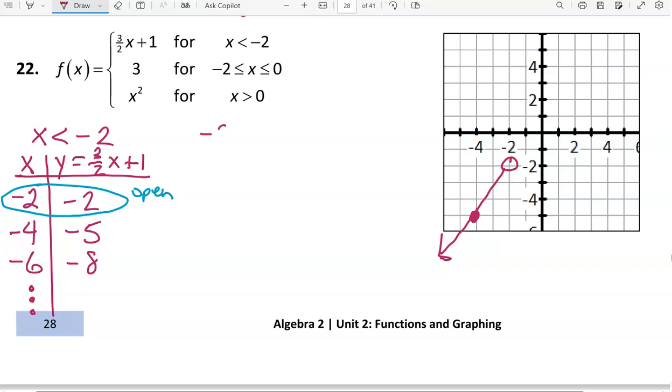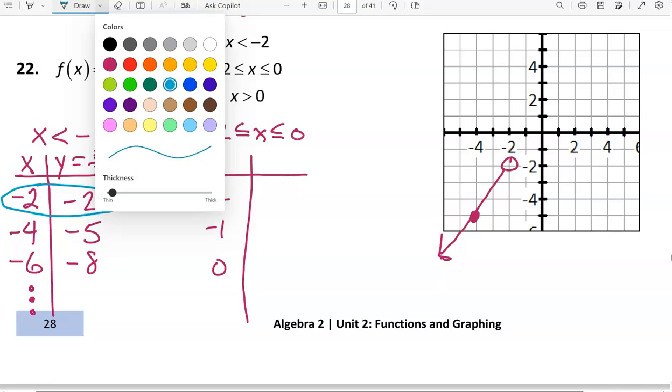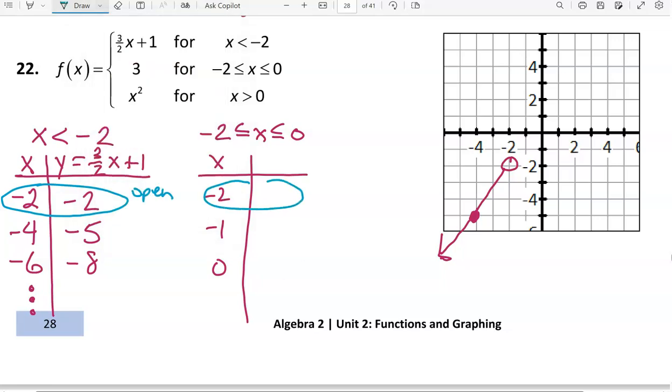For the next interval, x's will be between -2 and 0, inclusive at both endpoints. So my x values will be -2, -1, and 0. Both of those endpoints are included, so both endpoints will get a closed circle.